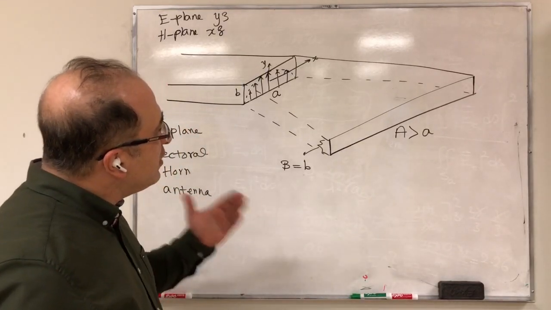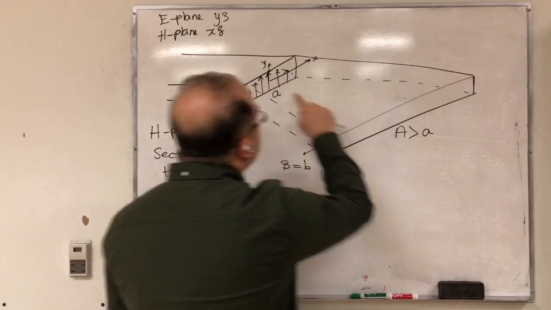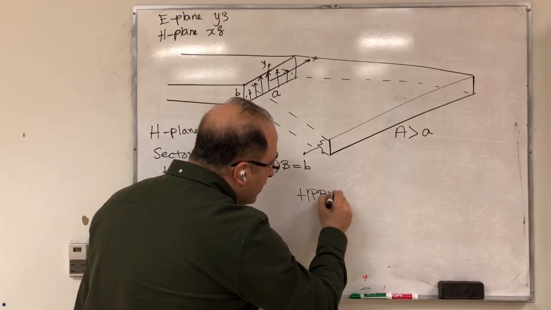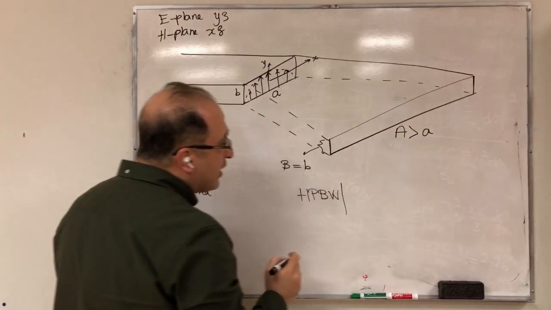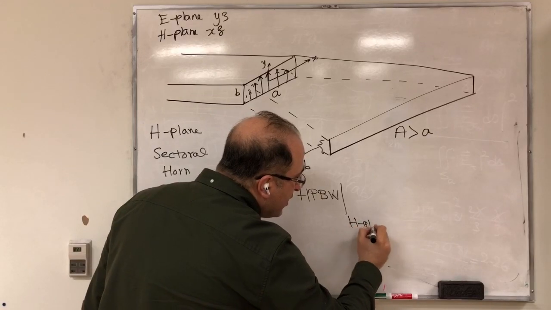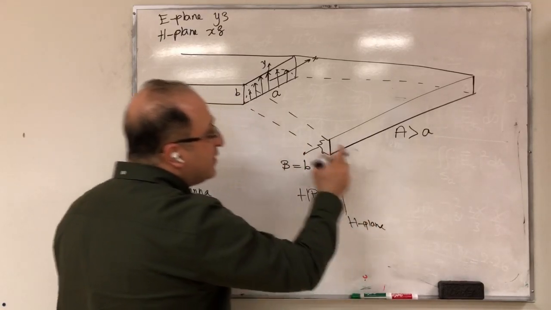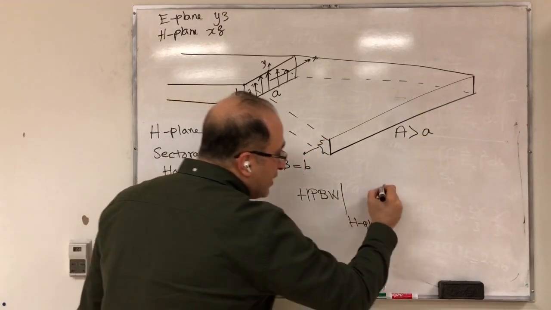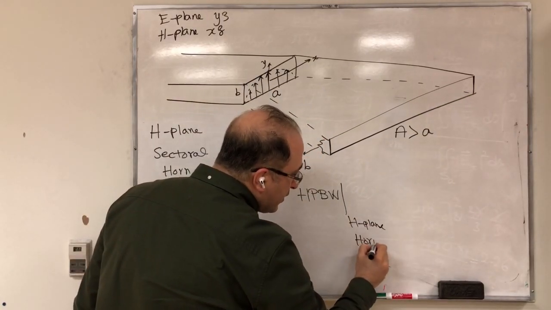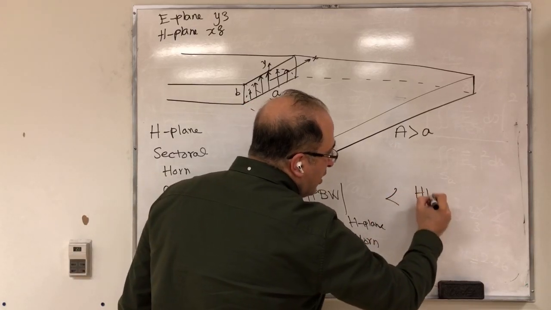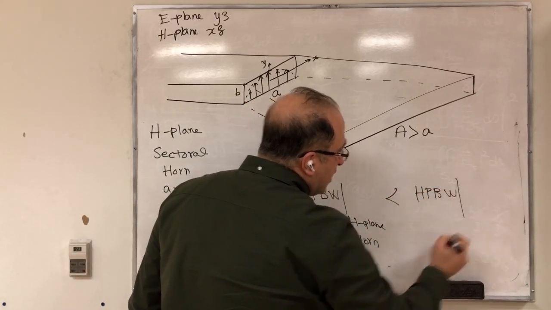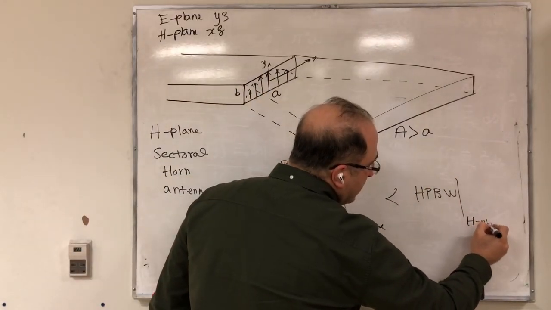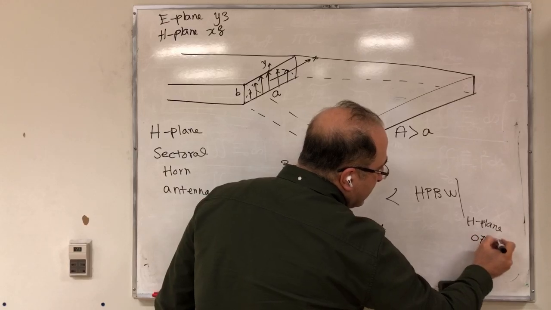Now, because this size is greater than this, the half power beamwidth of the horn antenna in the H-plane, because remember, in the H-plane the dimension of the horn is this capital A, is going to be smaller than the half power beamwidth of the waveguide, let's call it H-plane of the open-ended waveguide.